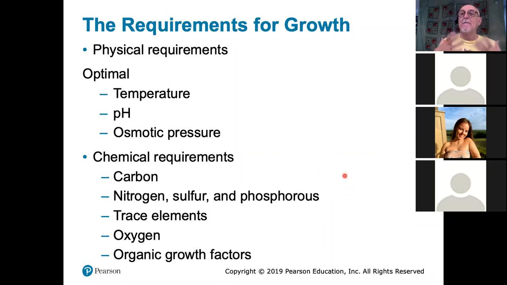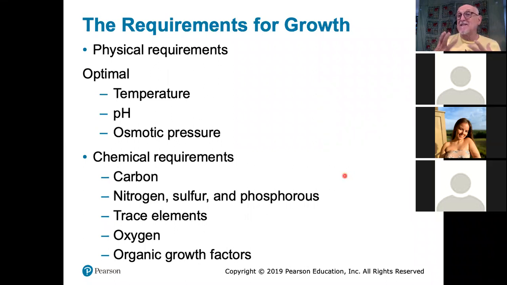In health sciences, most of what we talk about is human beings, where the microorganisms are adapted to the body temperature of their host, to the osmolarity of the surrounding fluids of the host, etc. So when we talk about human-associated prokaryotes, we would usually expect them to be operating around about 37 degrees Celsius, our body temperature, and around about our pH, which is usually just a little bit less than neutral, and at our osmotic pressure.